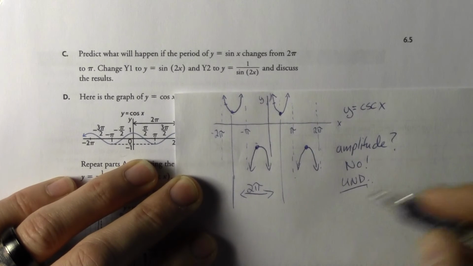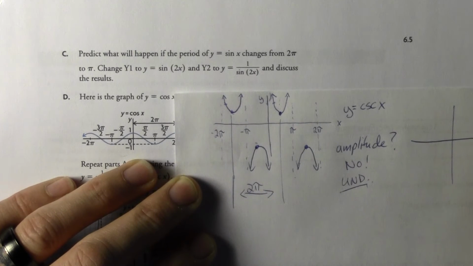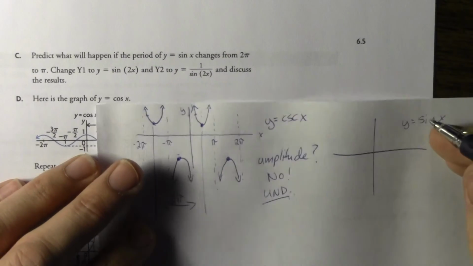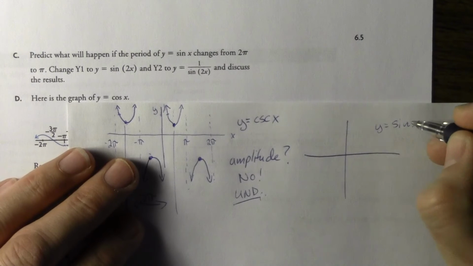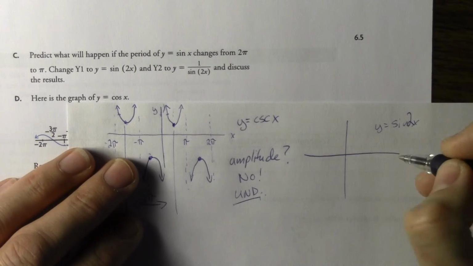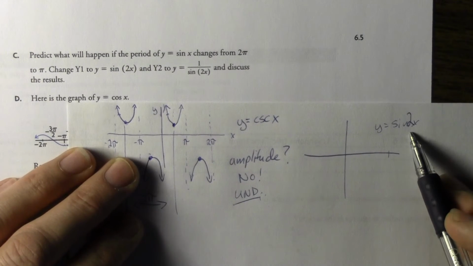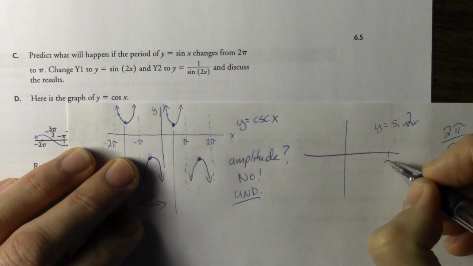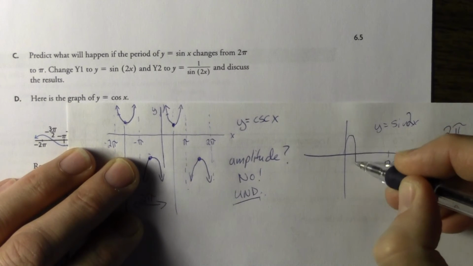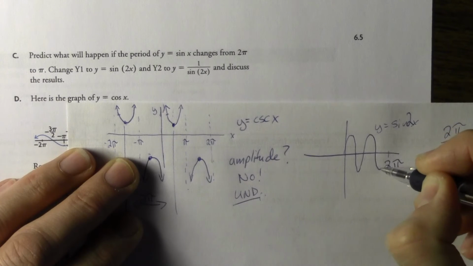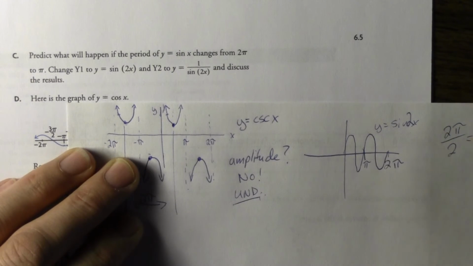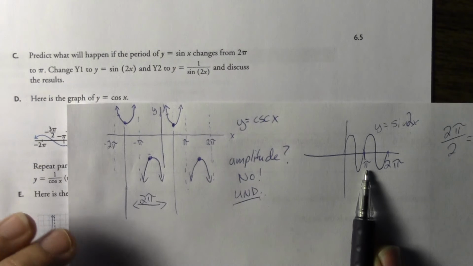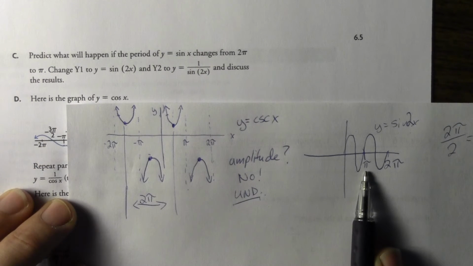So on our original graph, if y equals sine 2x, everybody understands that this period now is 2 pi divided by k, which is 2, so the period is pi, right? So if the period's pi, that means I go through one full cycle when I get to pi. So my new graph looks like that. Agreed? Everybody understand that? Okay.